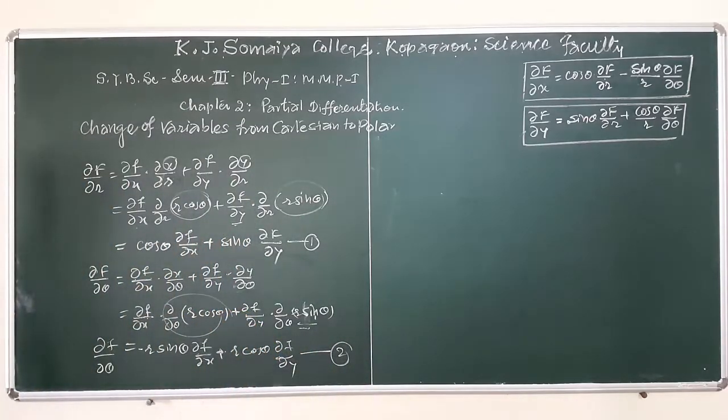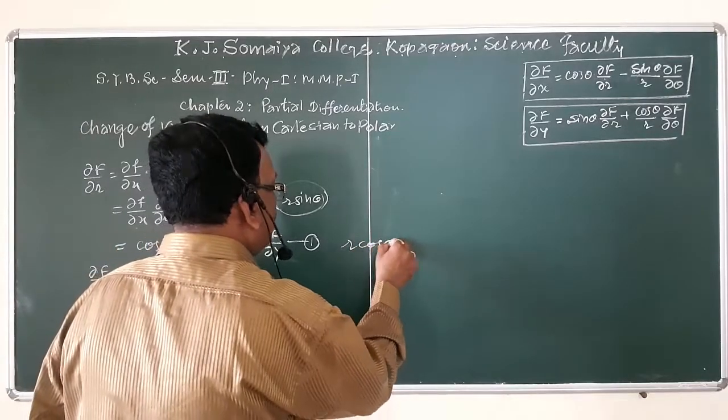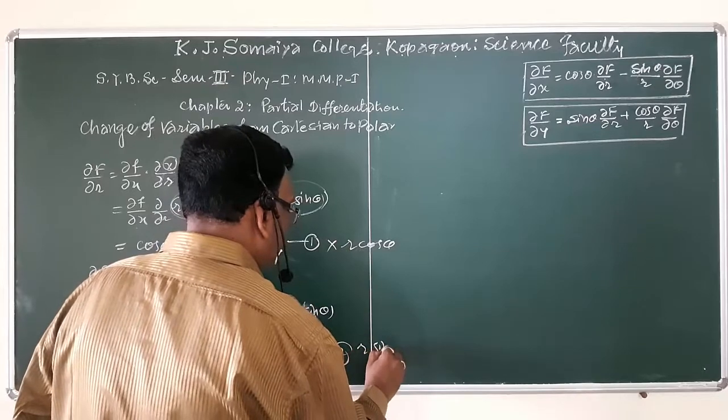Now multiply equation 1 by r cos theta and equation 2 by sin theta.